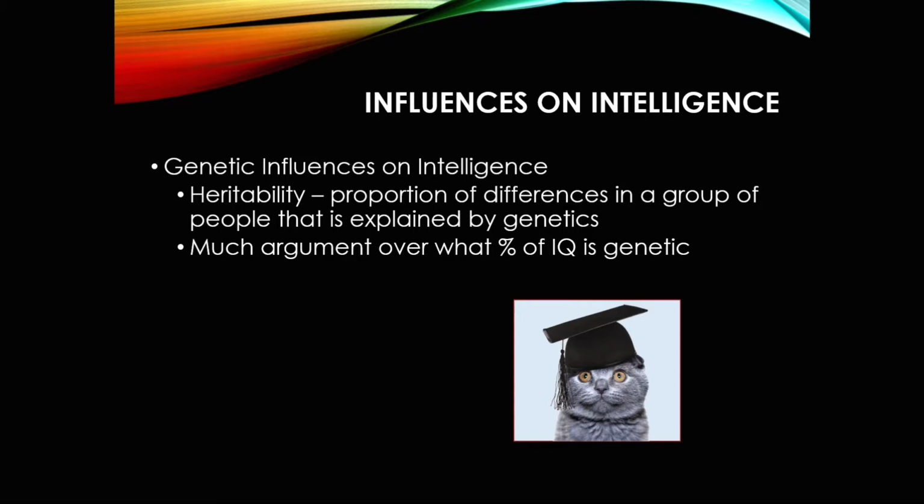We see that siblings' IQs generally are correlated, but not as strongly as identical twins' IQs are. So that suggests that there is a genetic component, but it's very hard to tease apart because we can't really control for all the other things that influence intelligence.